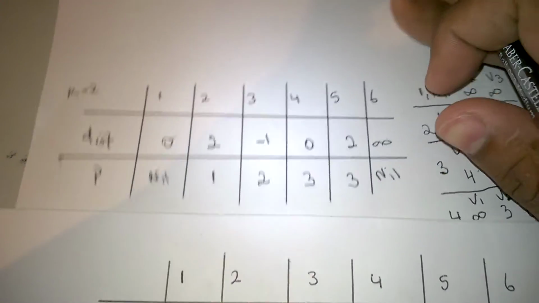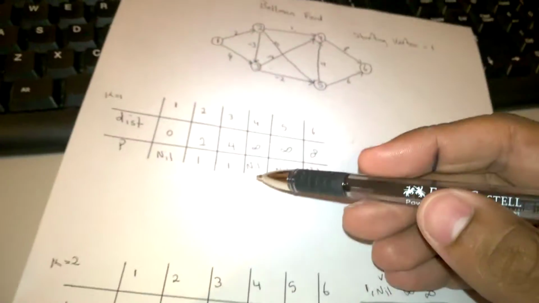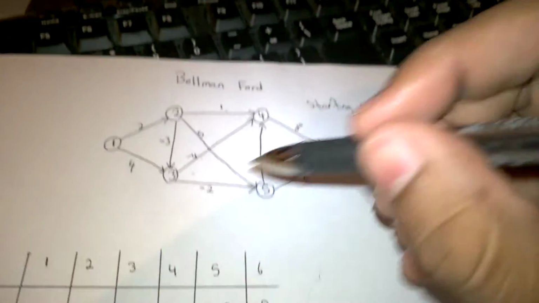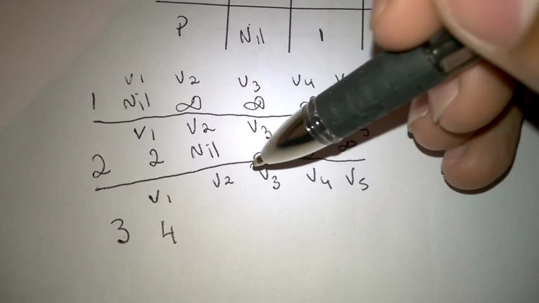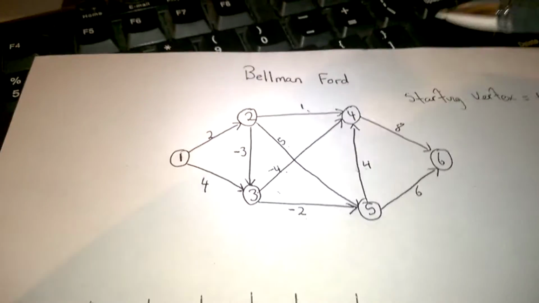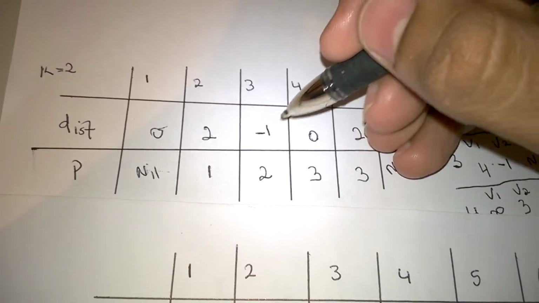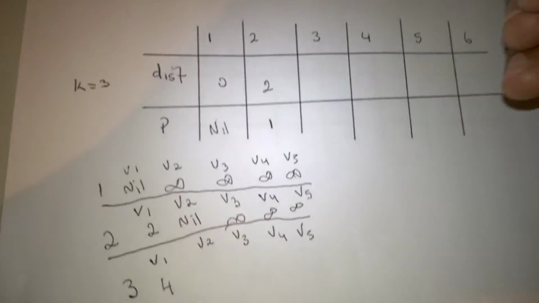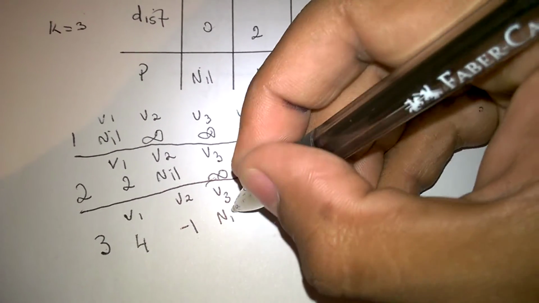Now remember we are on k is equal to 3, so the previous table we are going to use is k is equal to 2, not k is equal to 1 as we did before. So we're trying to see if we could reach 3 from v2, right? Yes we can, and the cost is -3 plus the cost from k is equal to 2, which is 2, which is -1, right? 3 to 3 we put nil.